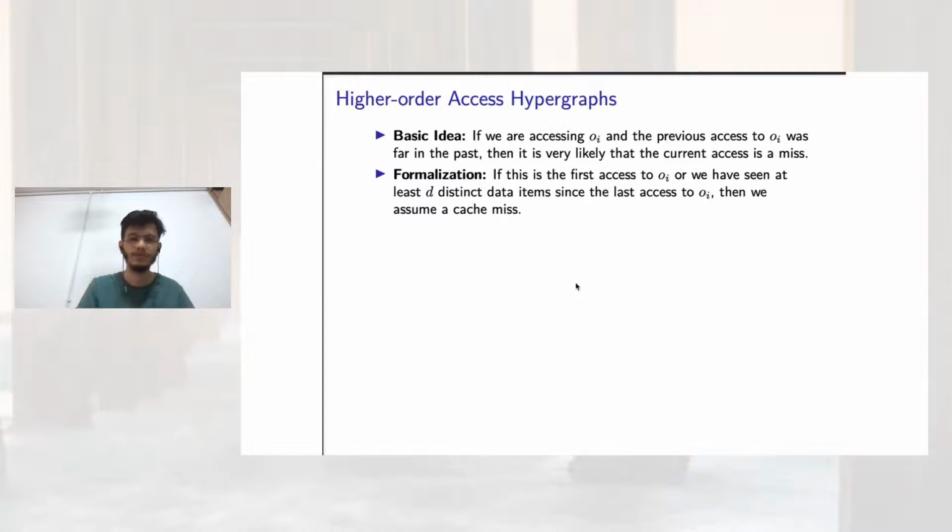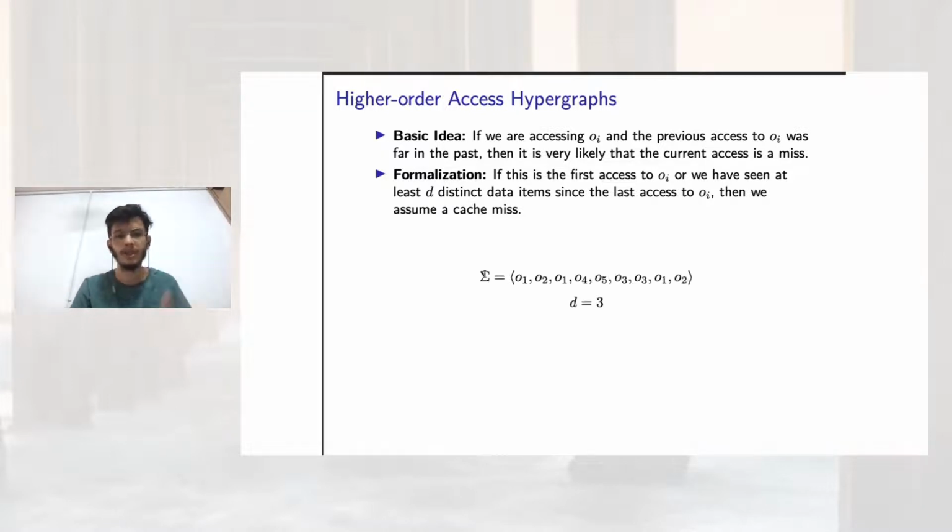Obviously the first access to Oi is also a miss, because the cache is empty at first. So if this is the first access to Oi, or we have seen at least d distinct items since the last access to Oi, then we assume a cache miss happens.